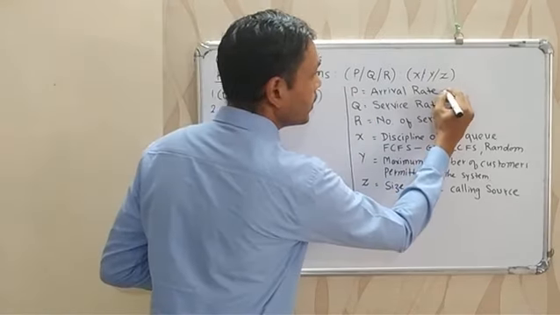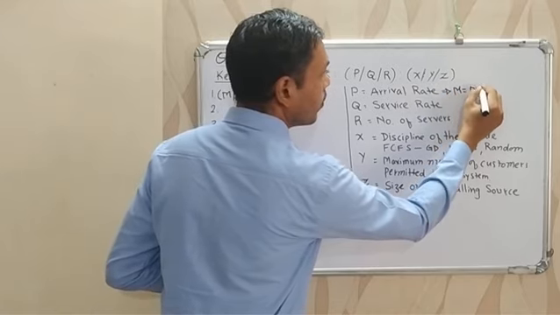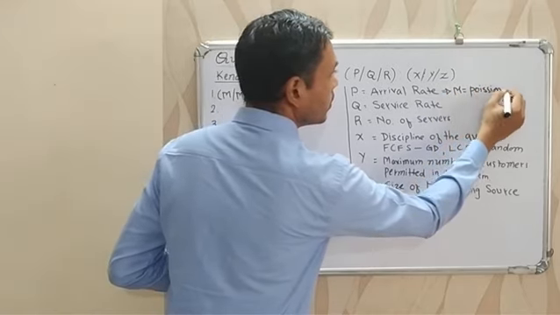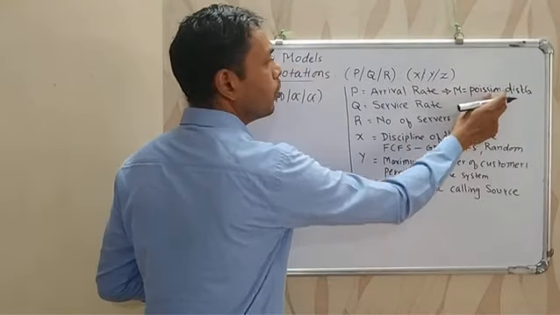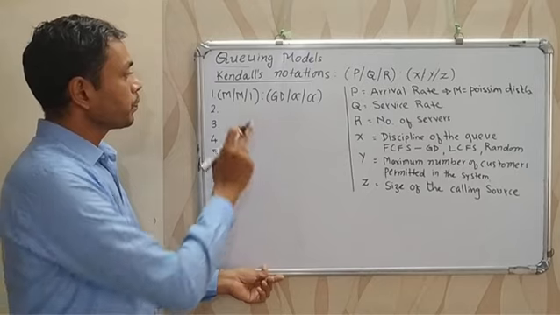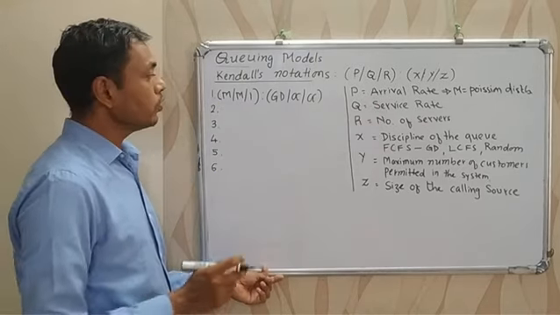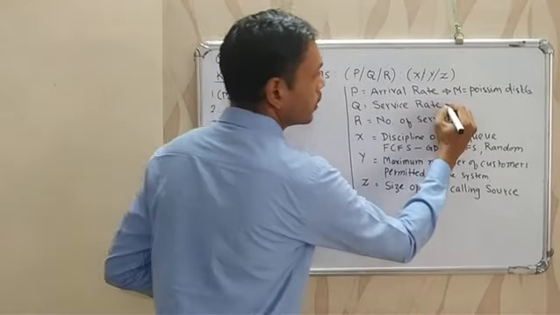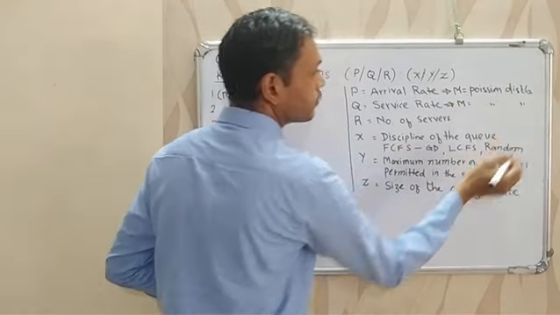The second term stands for service rate, so the service rate also follows Poisson distribution.